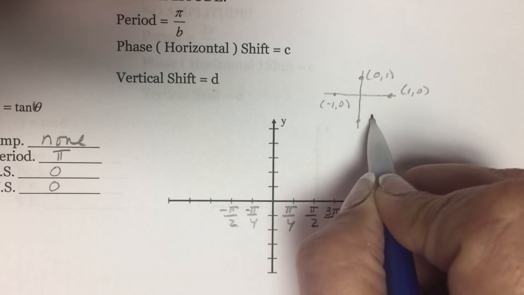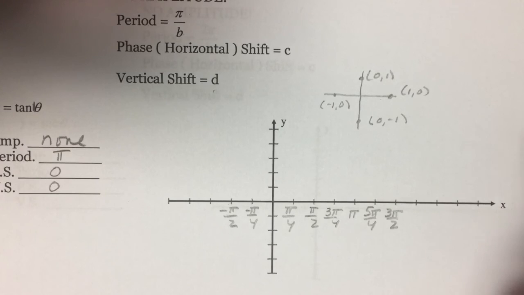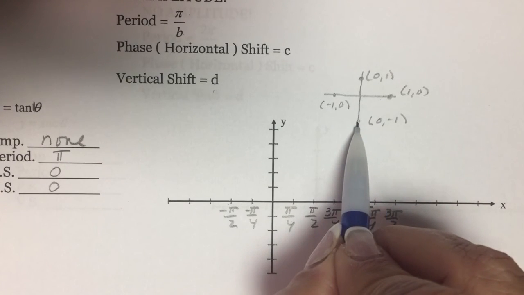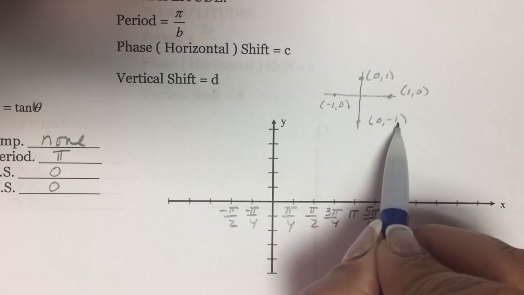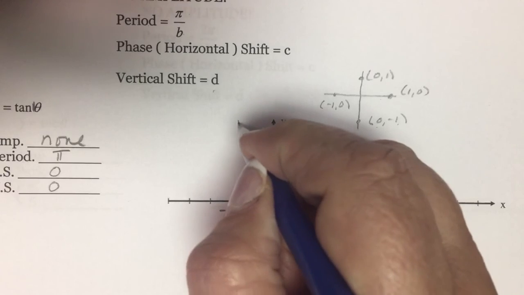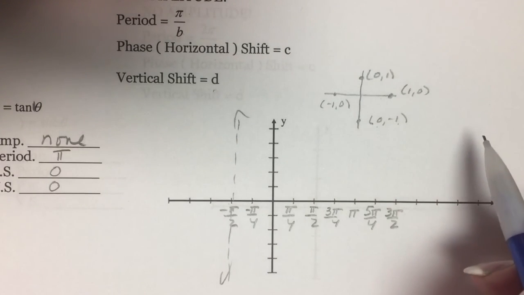Remember, it's cosine, sine. So remember, the tangent is the y over the x. If I go down to negative pi halves, that's right there. What happens when I take the y over the x? I get an undefined value, which means that there's going to be an asymptote at negative pi halves.